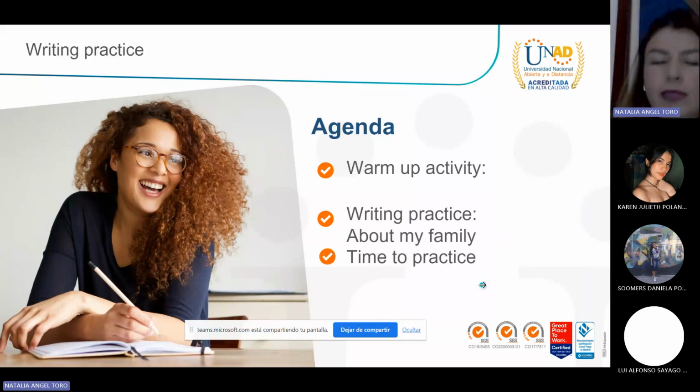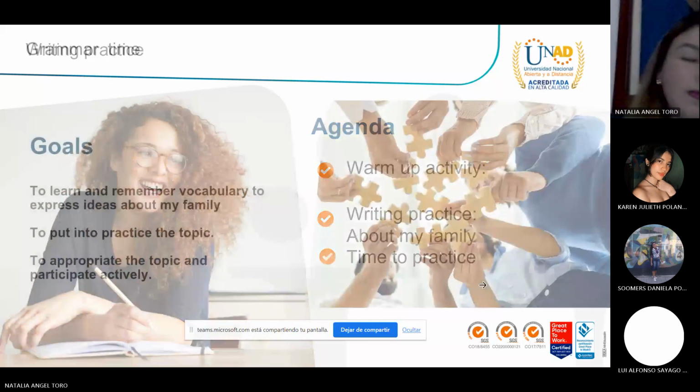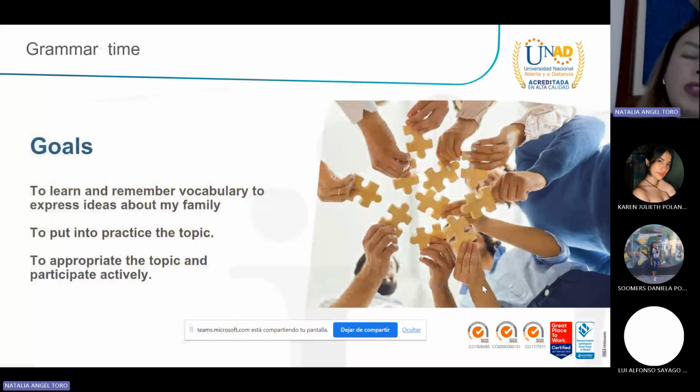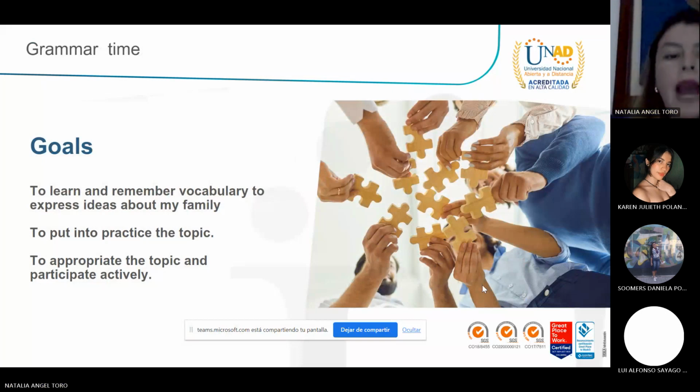And finally, it's just practice. We have here some goals, some objectives. First of all, we have to learn and remember vocabulary to express ideas about family, put this topic in practice, and for sure, appropriate the topic and participate actively.